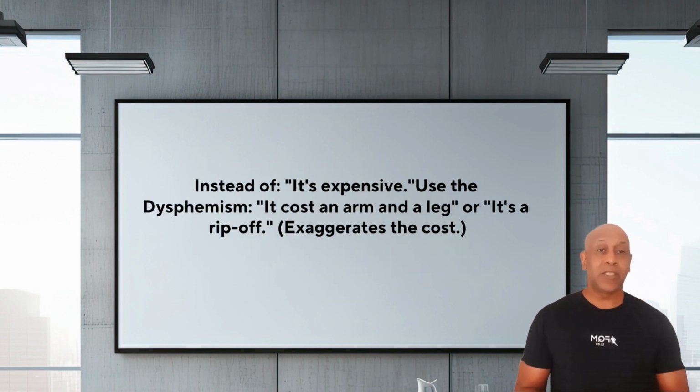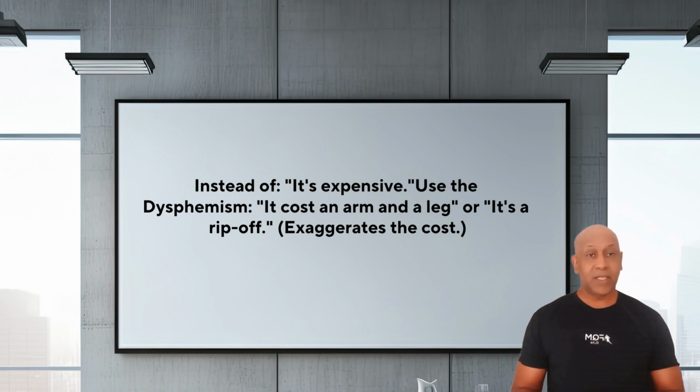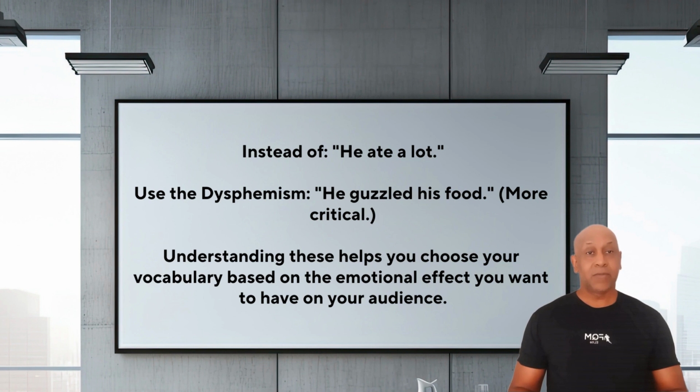Instead of saying "it's expensive," use the dysphemism "it costs an arm and a leg" or "it's a ripoff." That exaggerates the cost in a negative way. Instead of saying "he ate a lot," use the dysphemism "he guzzled his food" or "he ate up everything." It's more critical.